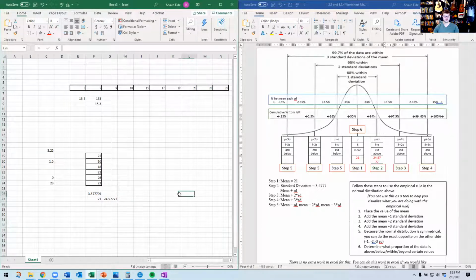Okay, and then we're going to do step 3. Equals the mean plus 2 multiplied by the standard deviation, and then equals the mean plus 3 multiplied by the standard deviation.